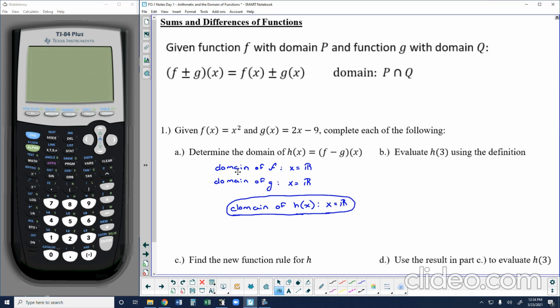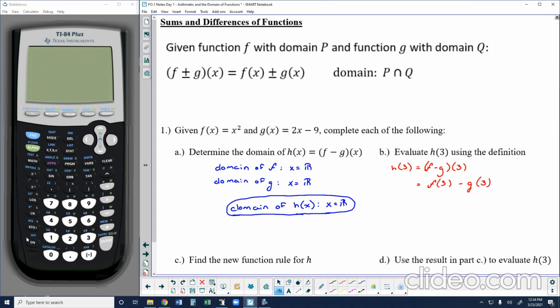Well, if we take a look at what we wrote up here, this definition, this property, h of 3 can be written as, in this case, f minus g of 3. Because we know h of x is f minus g of x. Well, f minus g of 3 is the same as f of 3 minus g of 3.